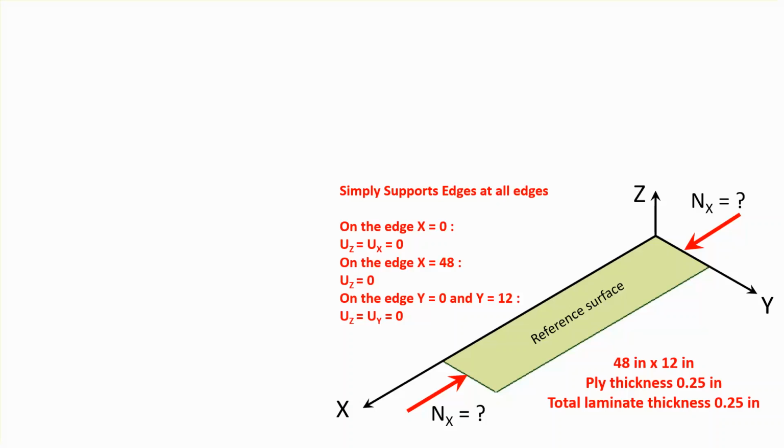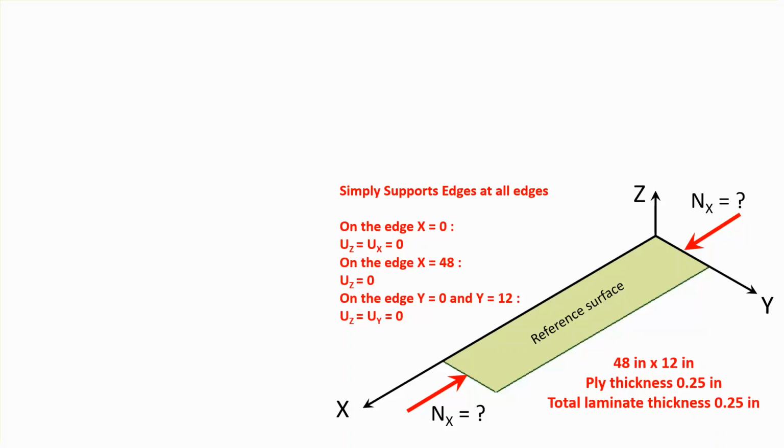Okay, so instead of doing 50 layers of 0.05, because of the nature of the stacking sequence, which happens to be balanced, and of course this is symmetric, I can do it as a single lamina of thickness 0.25.